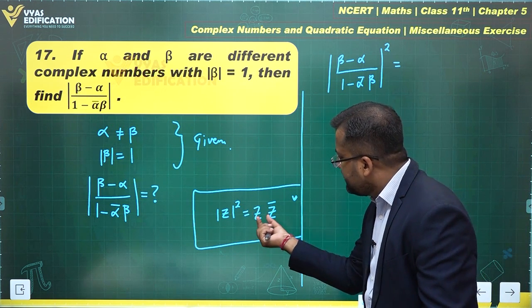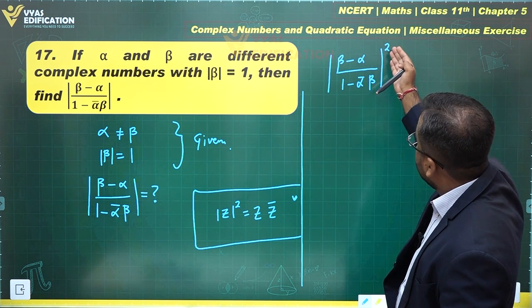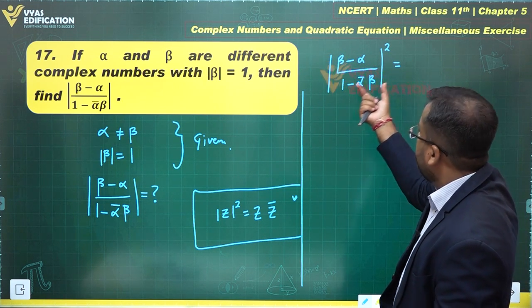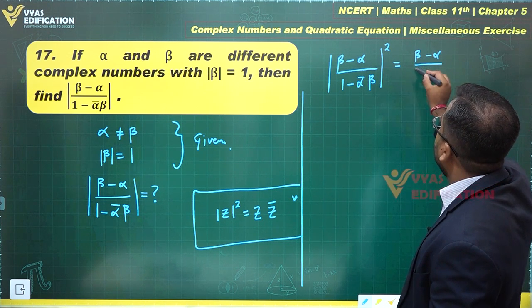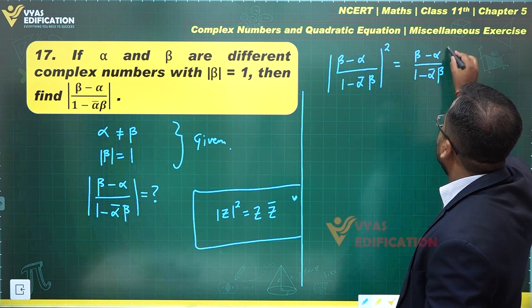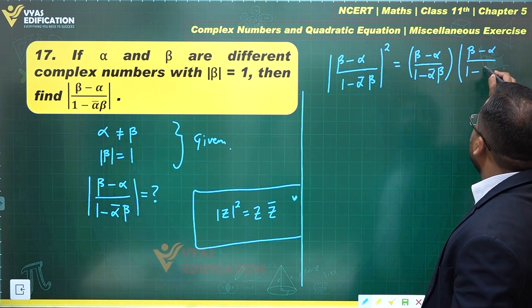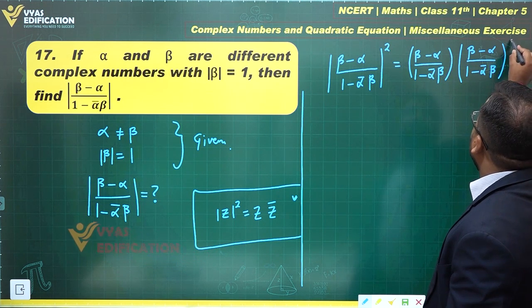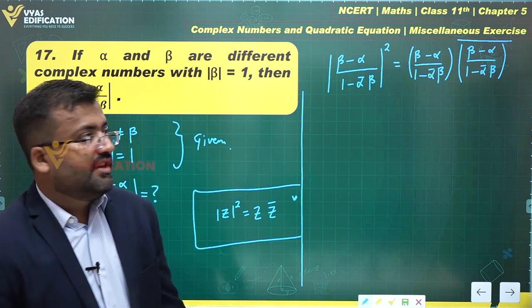Mod z square is equal to z times z bar. That is, this complex number's mod square would be equal to this complex number times its conjugate. So we have beta minus alpha over 1 minus alpha bar beta, times beta minus alpha over 1 minus alpha bar beta complete conjugate. That's what we have on the RHS.